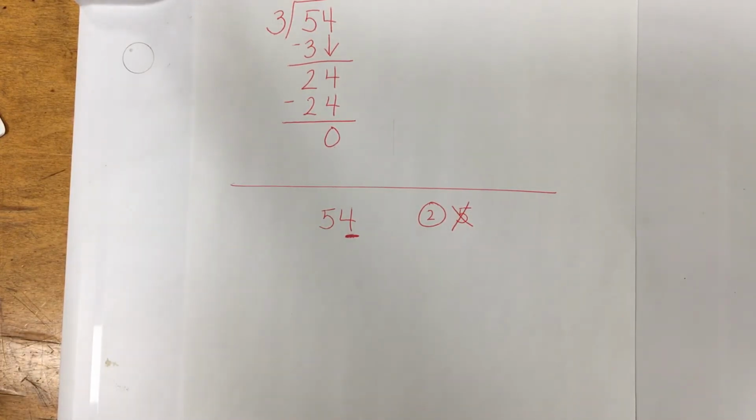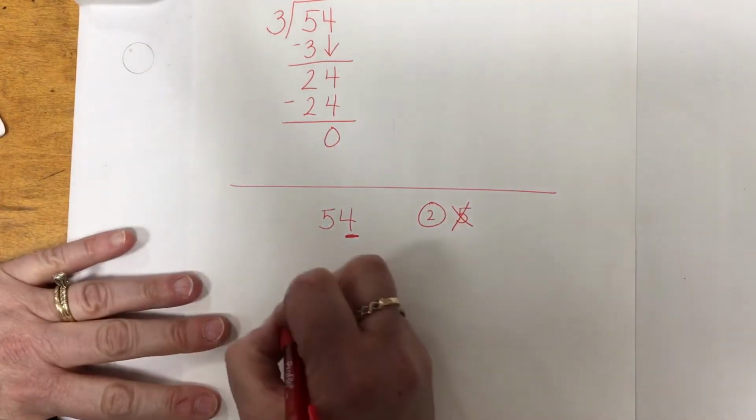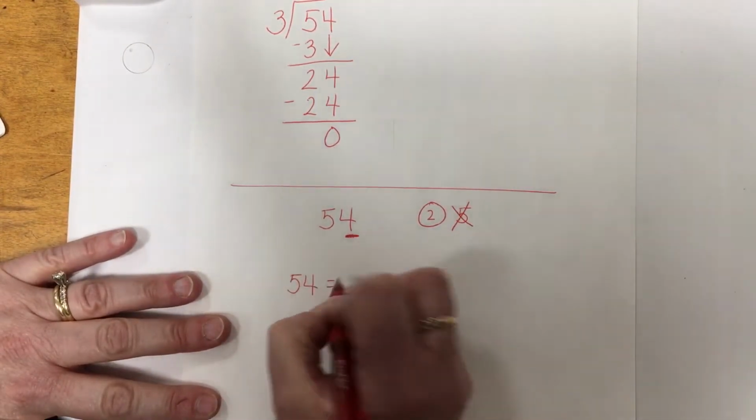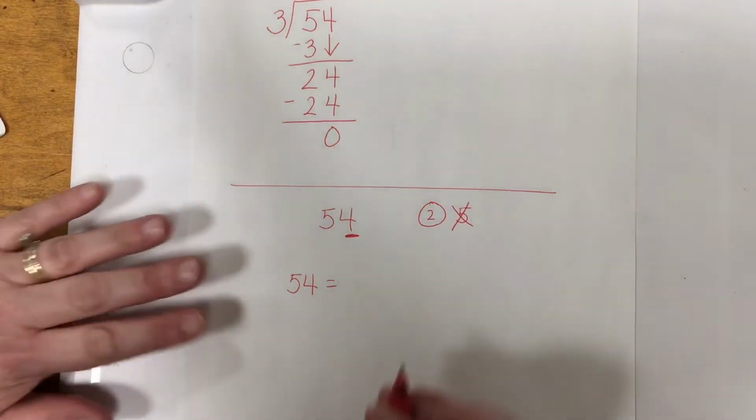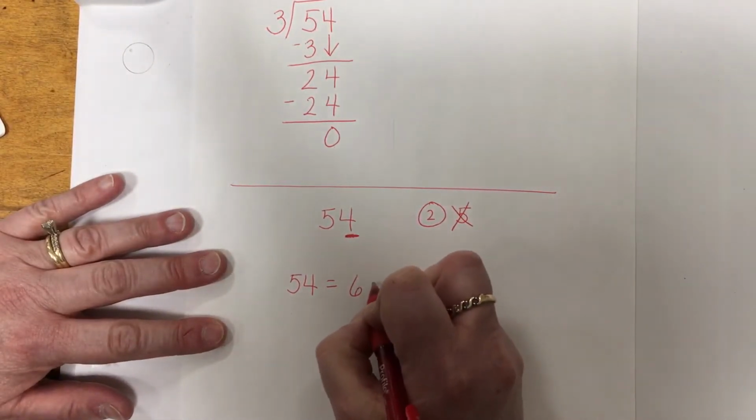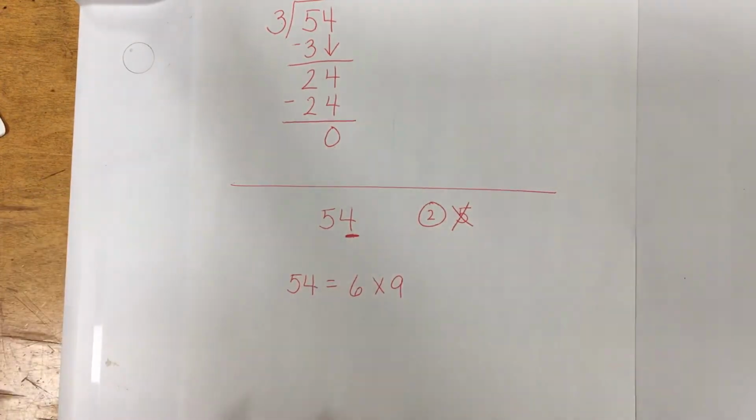Now, how can we know if 6 is a factor of 54? Well, you should know the number sentence: 54 equals 6 times 9.